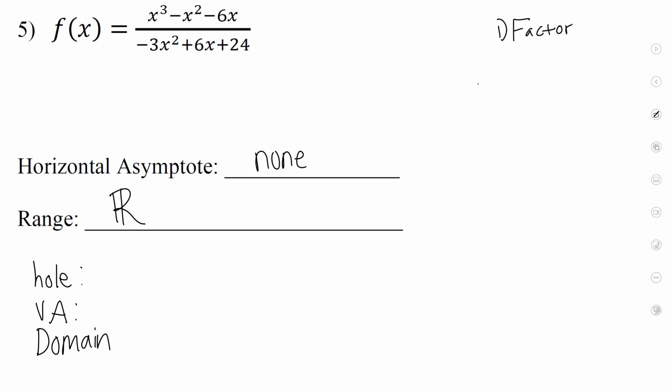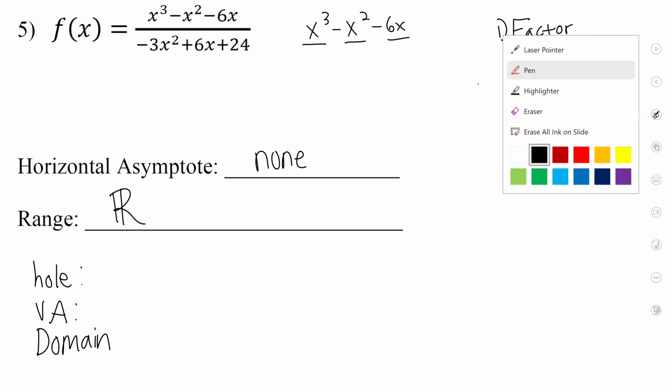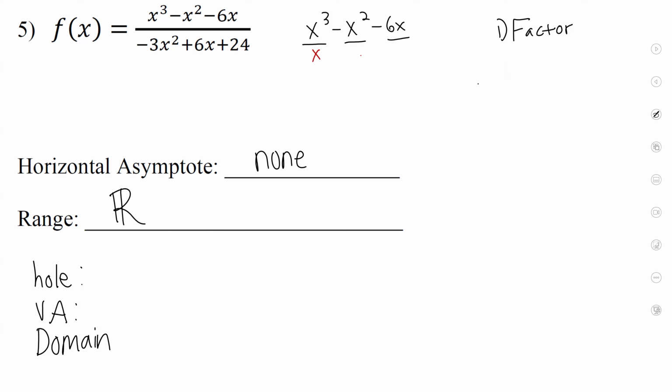So I'm going to do the numerator first. I have x cubed minus x squared minus 6x. What can all these be divided by? X. Good. Everyone write that down. That means x is on the outside. What is left over? X squared minus x minus 6. Perfect. Now I can do an eye chart.